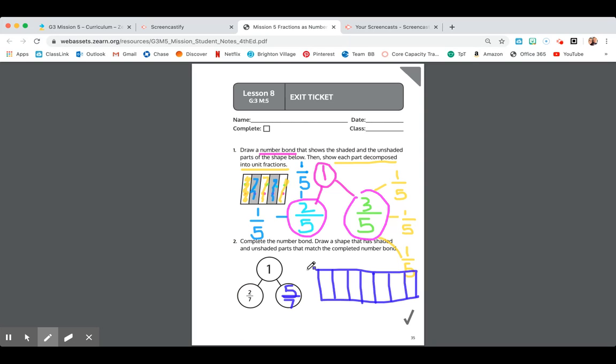For the sake of time, 2/7 will be my shaded, so I will color in 2 equal pieces, and I should have 5 unshaded. 1, 2, 3, 4, 5. My work checks out. Let's do lesson 9, exit ticket, next.